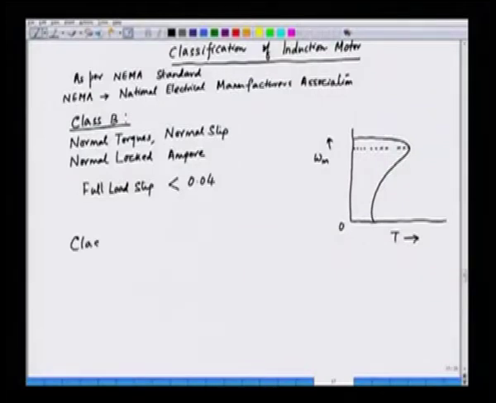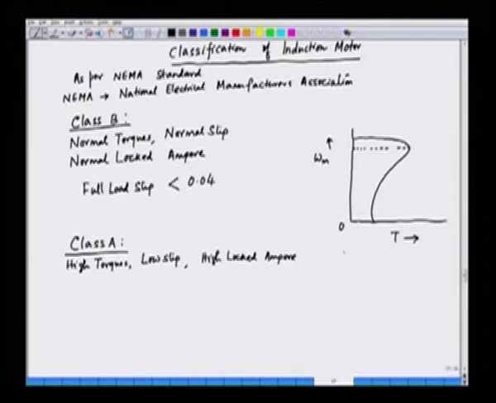So, we have class A motors. We have high torque, low slip, high locked ampere, or very high starting current.